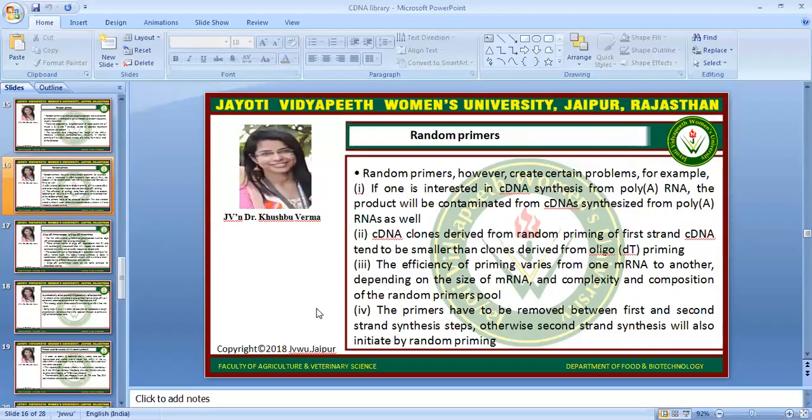The efficiency of the priming varies from one messenger RNA to another depending on the size of the messenger RNA and the complexity and composition of the random primer pool. The primers have to be removed between the first and second strand synthesis steps. Otherwise, second strand synthesis will also be initiated by random priming. So we have to remove random primers between the steps of first strand and second strand synthesis.